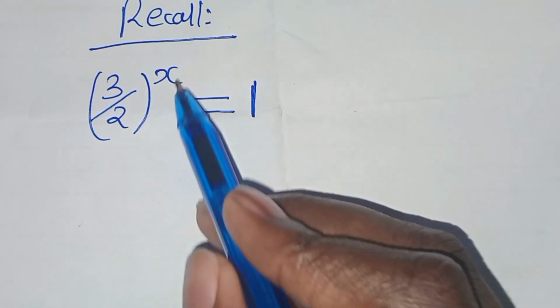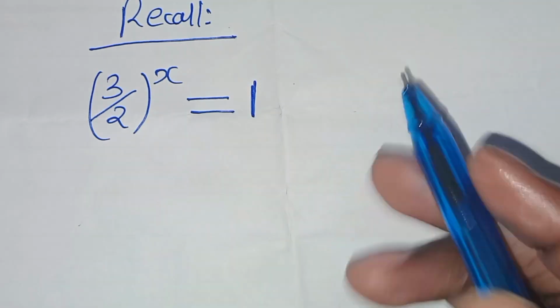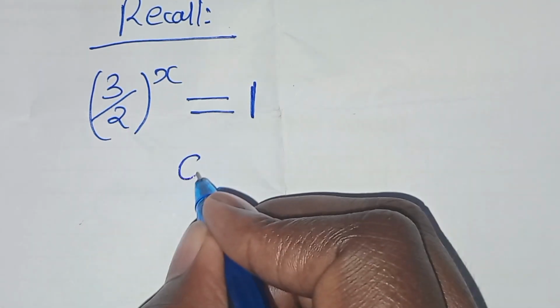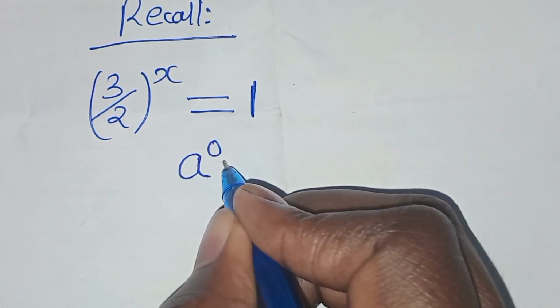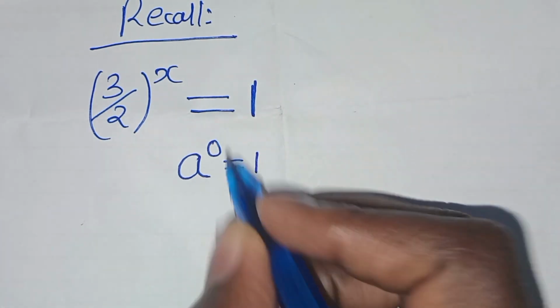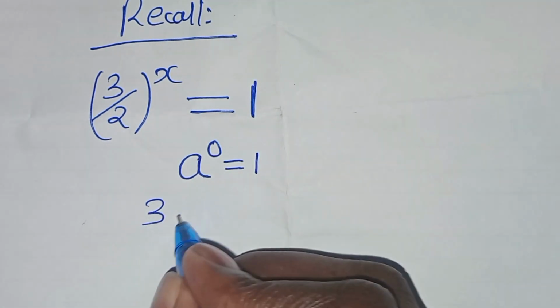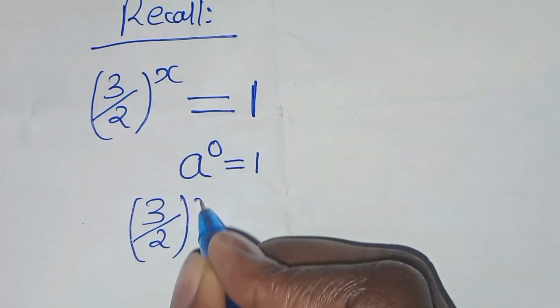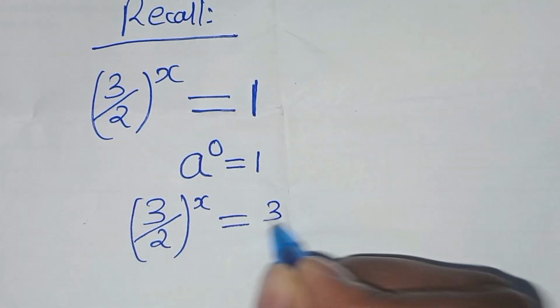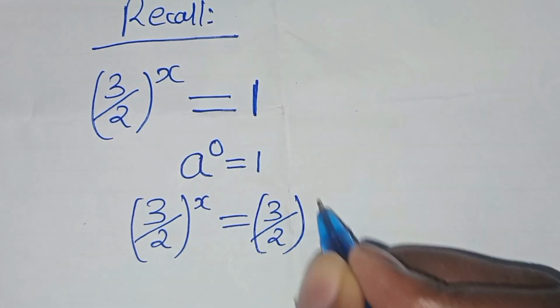Therefore, we have 3 over 2 raised to power x equal to 1. And given the exponent property that a to the power of 0 is equal to 1, we can write this as 3 over 2 raised to power x is equal to 3 over 2 raised to power 0.